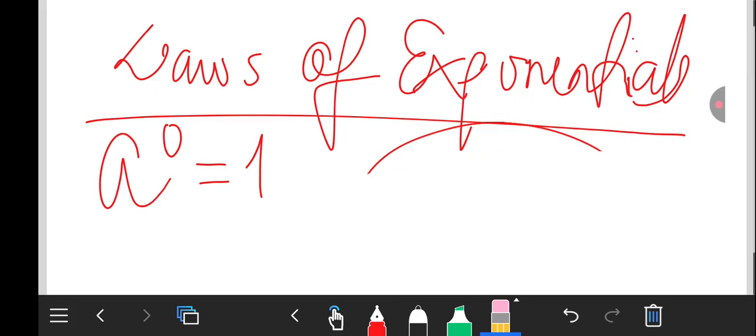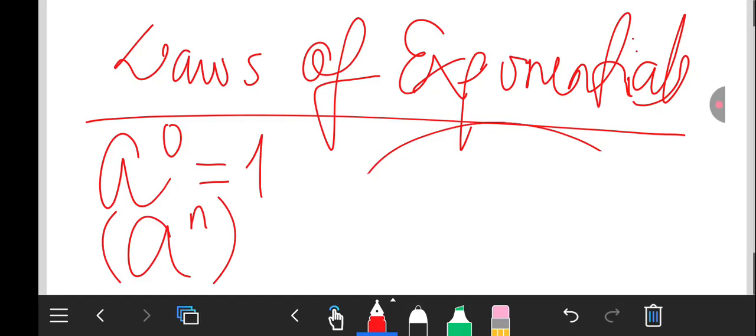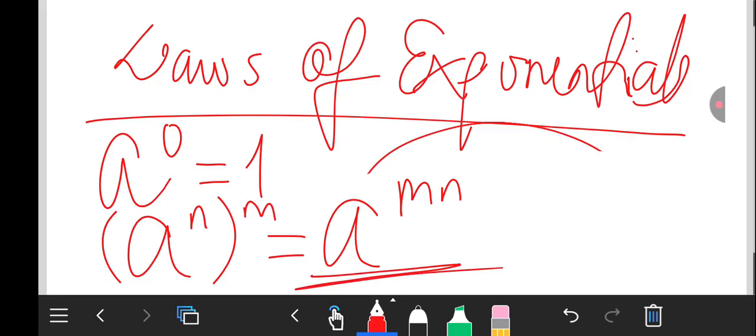The second law we must understand is when you have a to the power n raised to the power m, a power raised to another power, that is simply a to the power mn. You just multiply the two exponents.